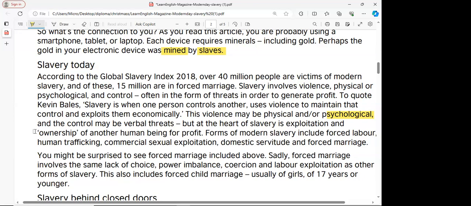And ownership of another human being for profits.